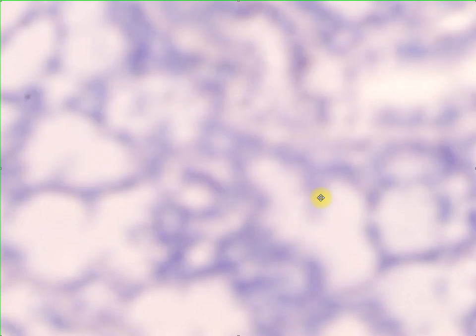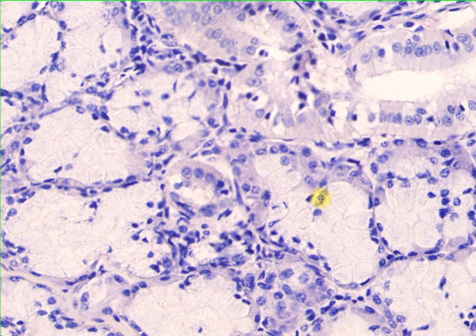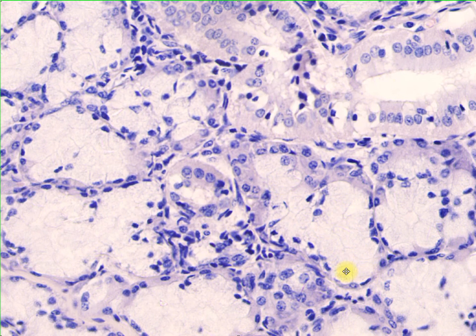Let's try to use 400x magnification, and here you can see that the secretory units of this gland, such as this one, are both mucous here, with flattened nuclei at the periphery, as well as serous, as represented by these crescent-shaped structures, which are called serous demilunes.